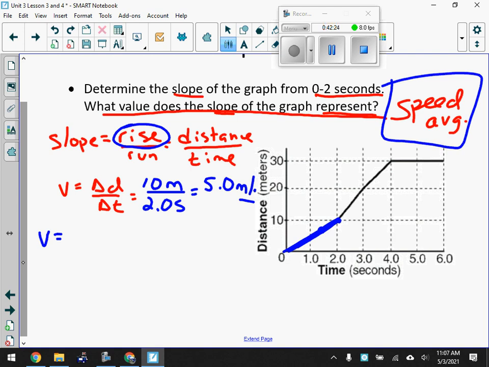It is. So I can pick this point and this point. They're on this line. I could pick this point right here. That slope has to be the same as this slope because it's a straight line. So it doesn't matter where I pick 2 points on this line, it's going to give me the same slope.